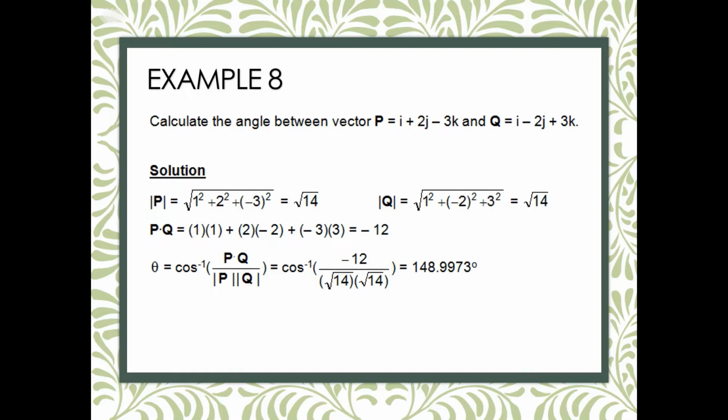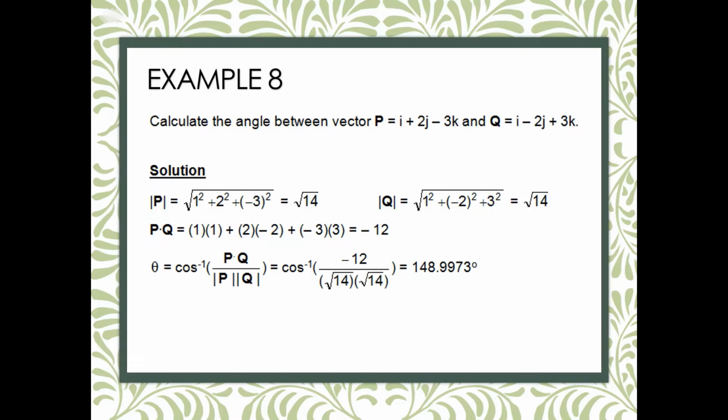Magnitude P is equal to the square root of 1 square plus 2 square plus negative 3 square, which is equal to square root 14. Magnitude Q is equal to the square root of 1 square plus negative 2 square plus 3 square, which is equal to square root 14.